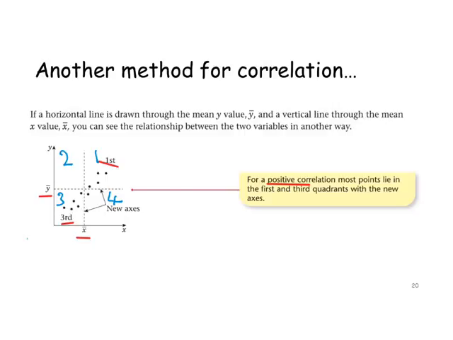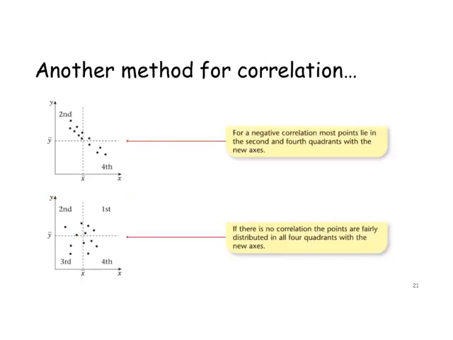And if we consider the same idea for negative and no correlation, we see for negative correlation, most of the points are in the second and the fourth quadrant, and for no correlation, then the points are distributed across all of the quadrants. No particular quadrant. So that's a different way of deciding whether you have positive, negative or no correlation using the mean values of your variables.